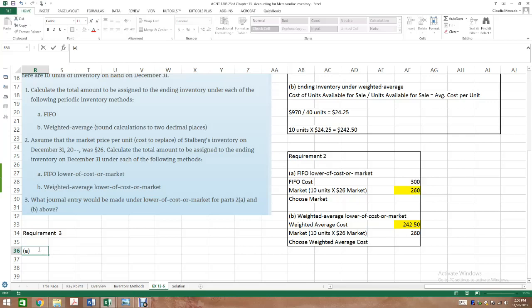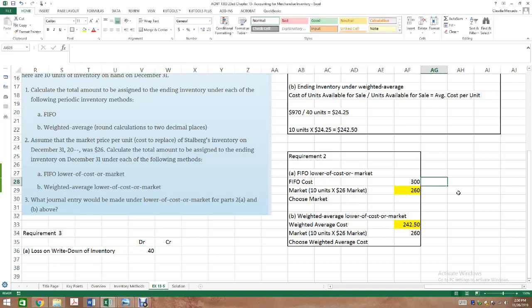I'm going to have a loss on write down of inventory, and this is going to be the debit. This is going to be the credit. So I have a loss on the write down of inventory for $40.